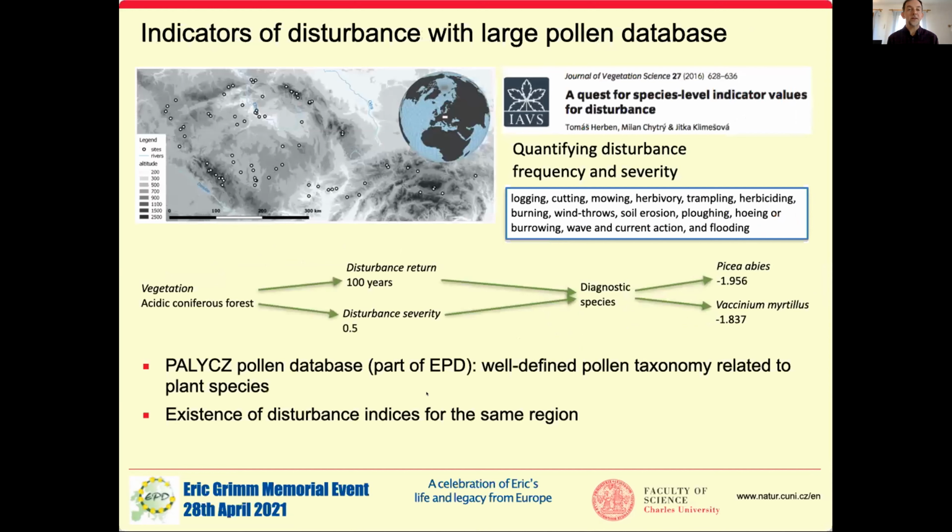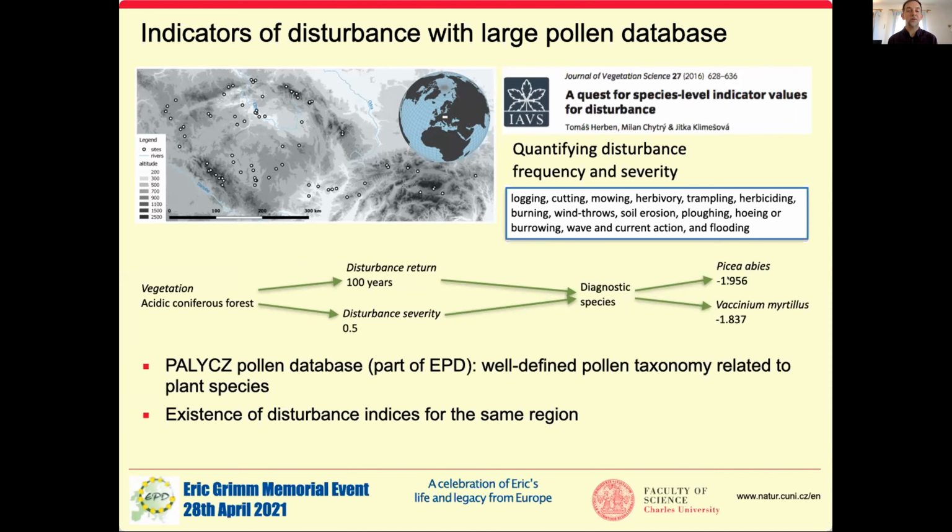So we did a study, and this is why it wasn't done on the whole EPD. It only concerned Central Europe, where we have quite a good database of pollen data. On one side, we tried to develop this pollen plant translation table, and we tried to use a newly developed disturbance ecological index, which you can see here.